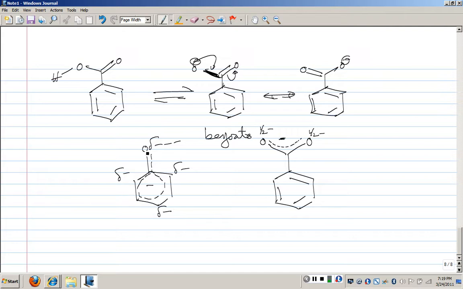So yes, it's a help compared to the alkoxide, but the carbons can't help much, because they're not electronegative.